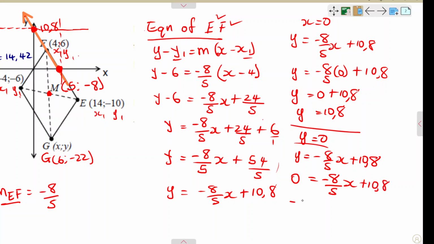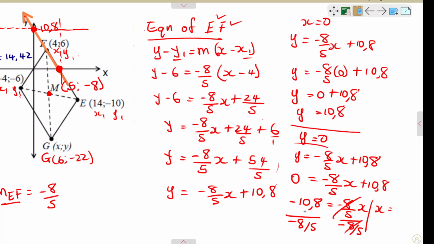It's going to be negative 10,8 is equal to negative 8 over 5x. Now we divide by negative 8 over 5 on the left and by negative 8 over 5 on the right to find x. So this and this will cancel, and you are left with x.